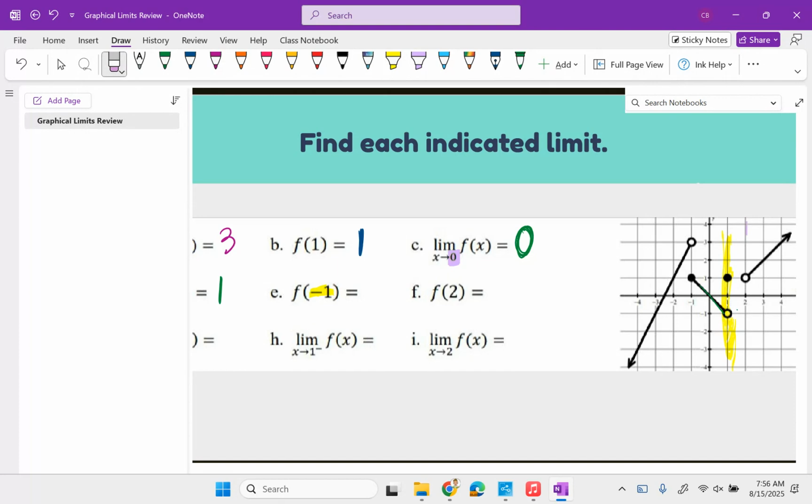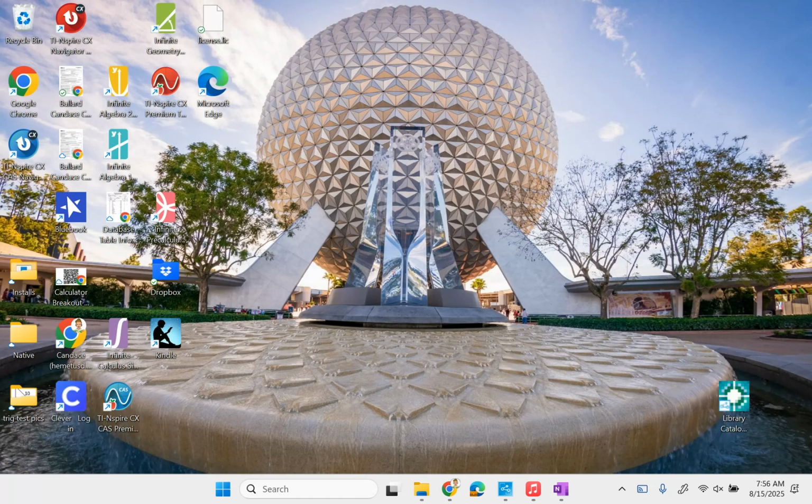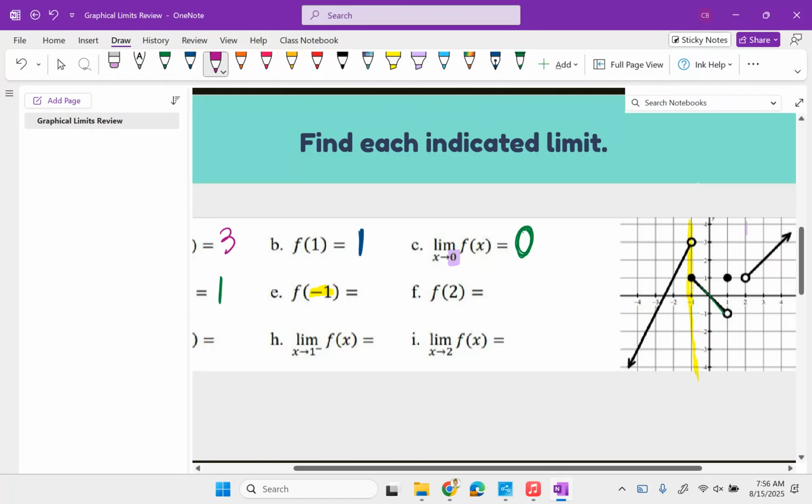I highlighted the wrong one again, didn't I? It's been a great morning, hasn't it? I blame getting up too early. Okay. Now what am I looking for, Kaylee? The y value. Okay, and what am I looking for on the graph? The dot. Okay, and so what was the y value at my dot? 1. Good job. Okay.